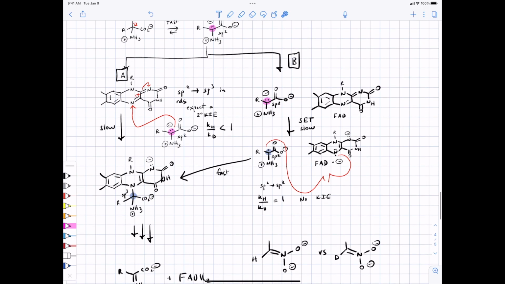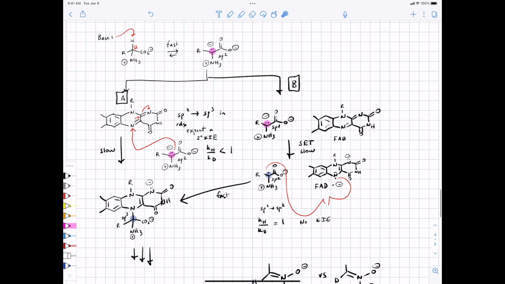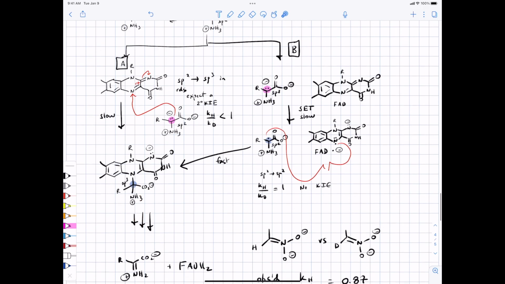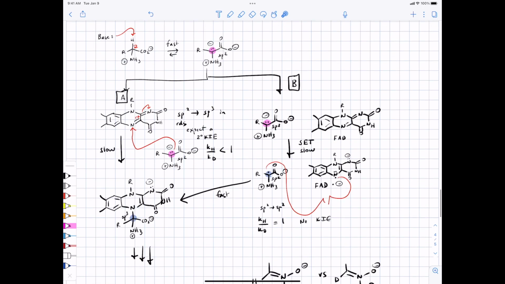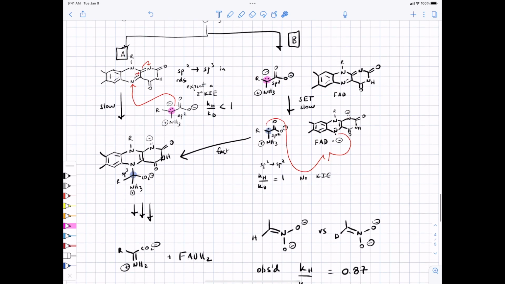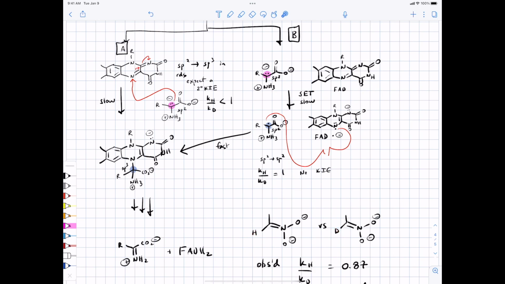So long story short, with enzyme studies, you often can't do the types of experiments you want to do if you use the actual substrate, because the reaction is going to go on and do stuff. So they used some substrate analogs that could react through at least this far, and they could use hydrogen versus deuterium.